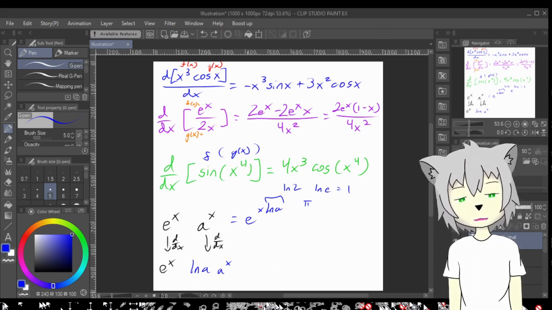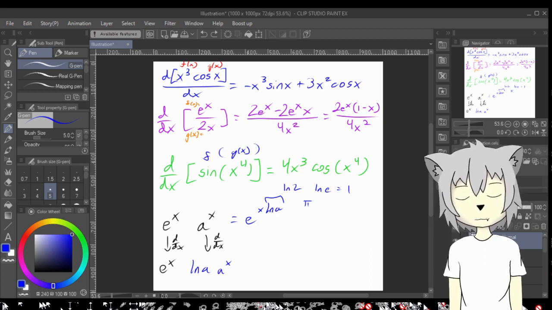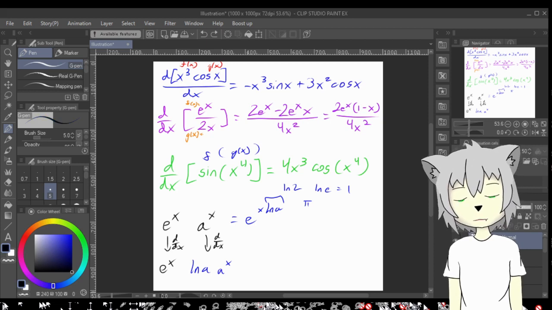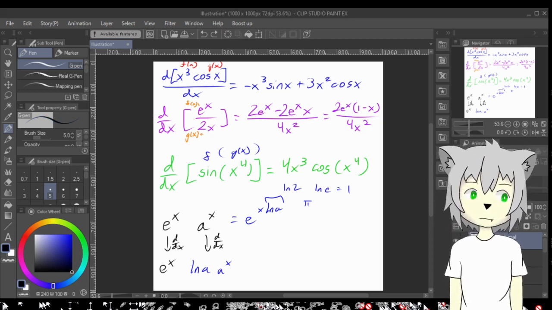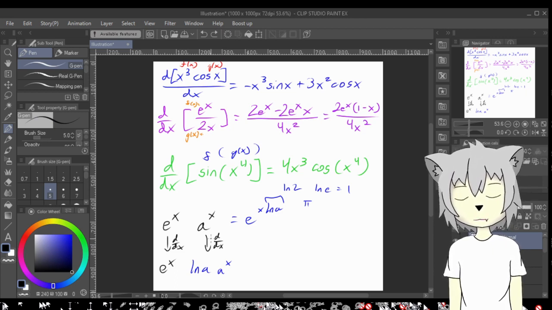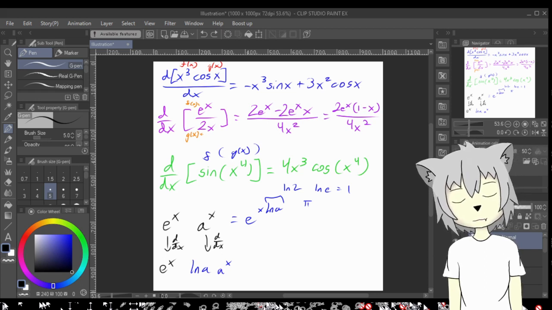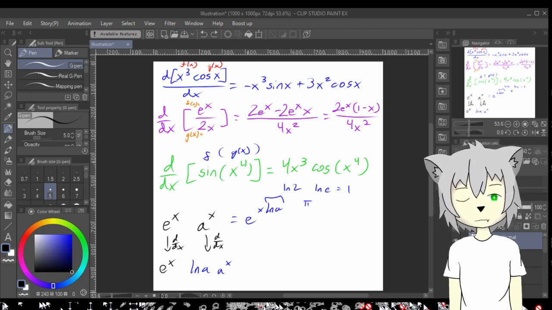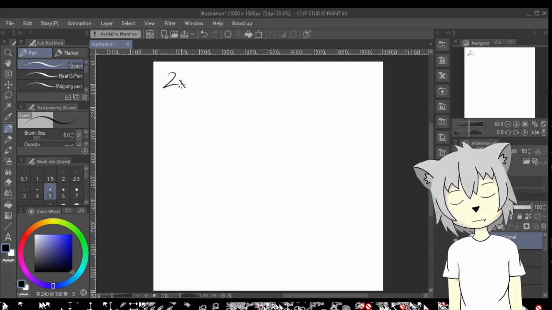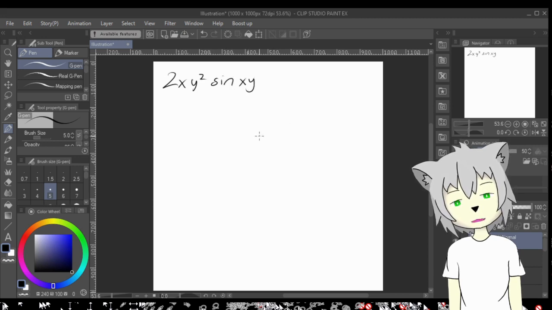And again, it also connects to multiple variables as well for multivariable calculus, which I am a bit too tired of. I do not feel like going through that, but I'm guessing you guys can probably figure it out for yourselves, because given any function that you want to go through, I don't know, 2xy squared sine of xy.